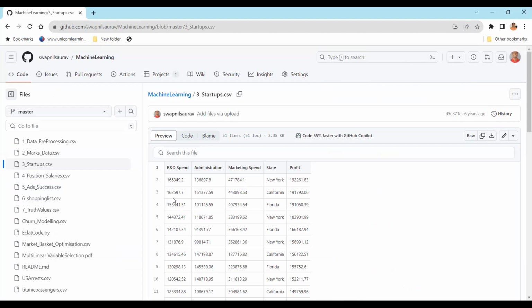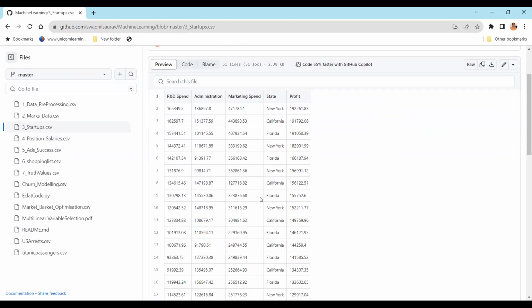Now, how many columns does this have? 5 columns total. So can you look at the columns and tell me what this problem could be about? It's about predicting profit.